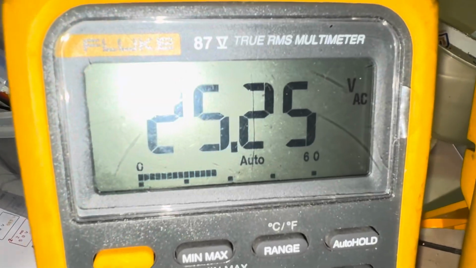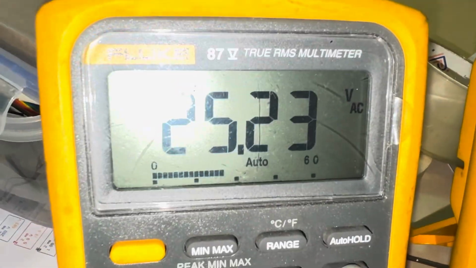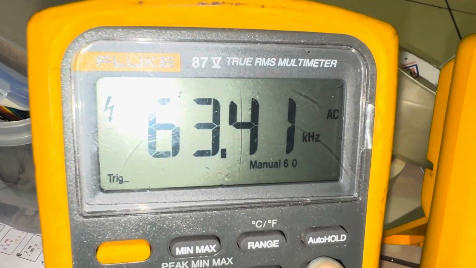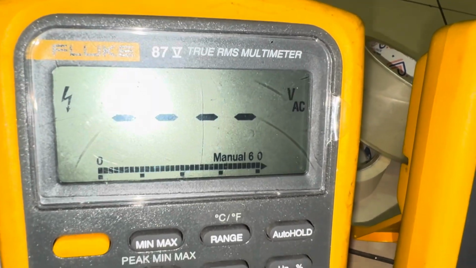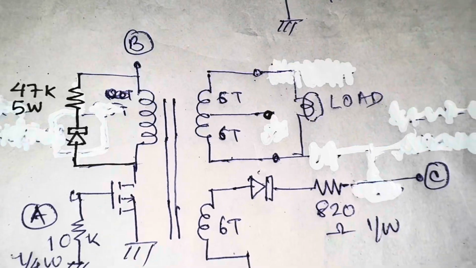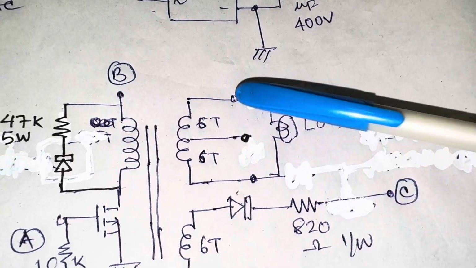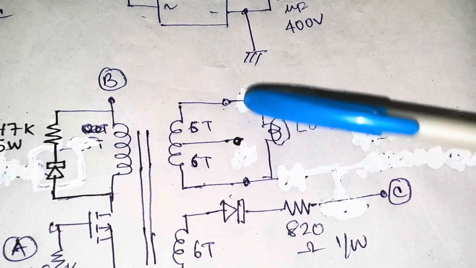Let's look into the frequency. Let me press the frequency button. You can see the frequency is 63 kilohertz. The duty cycle is 49% or say 50%. So as per the design, here it is 12, 0, 12. Between these 2 points, I am getting 24 volts AC. You can see, so this is how the circuit works.